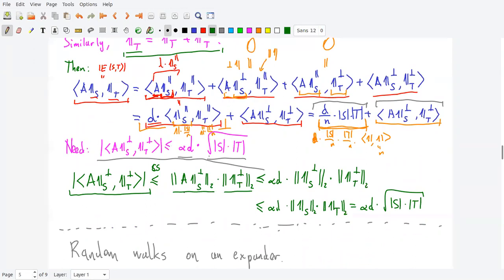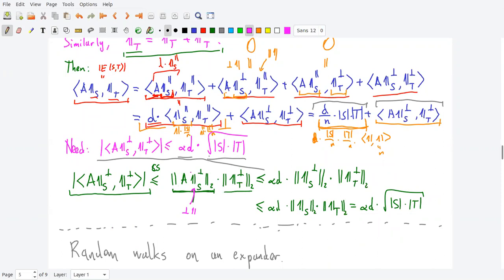Okay, so what is the L2 norm of this term? Well, the vector 1S perpendicular is perpendicular to all ones. It is in this subspace where A has all the eigenvalues significantly smaller than D.